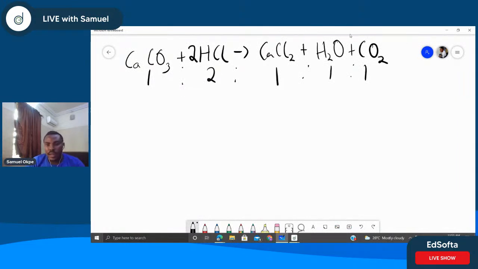So we know we have 2 grams of CaCO3. Now, note the gas that is going to be liberated is CO2.